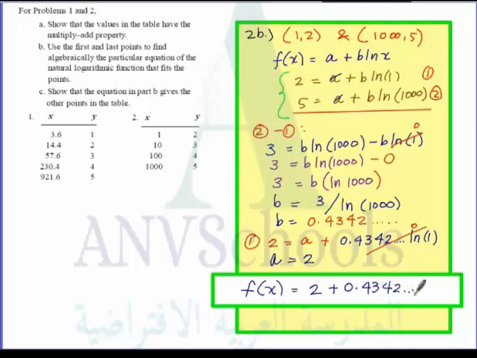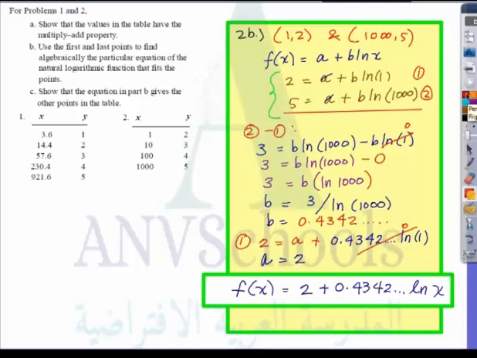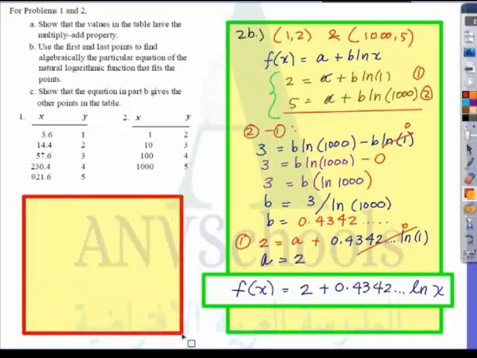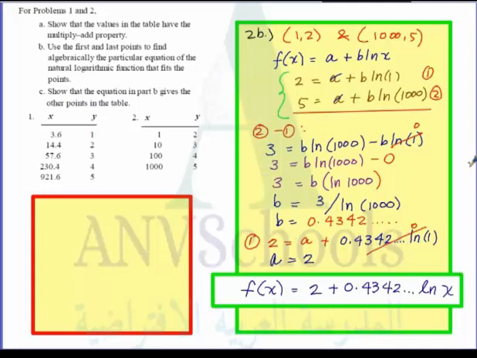So let us verify this by getting points on the given table, and then let us see if this equation works.